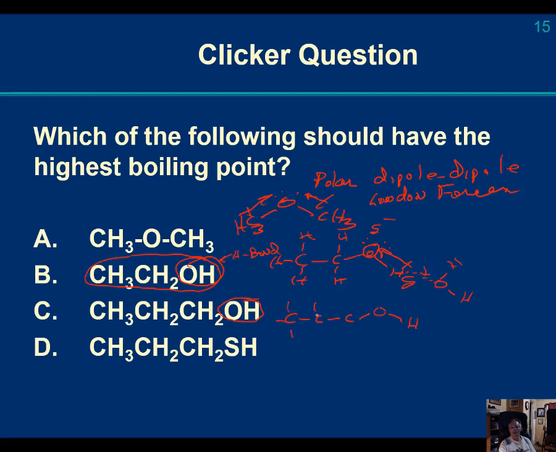And so because it's got that extra carbon, it's able to have stronger London forces. So it's going to have a higher boiling point than the ethanol does because it's got 3 carbons. It's got more surface area, it's got more mass. It's still going to be able to hydrogen bond with water.